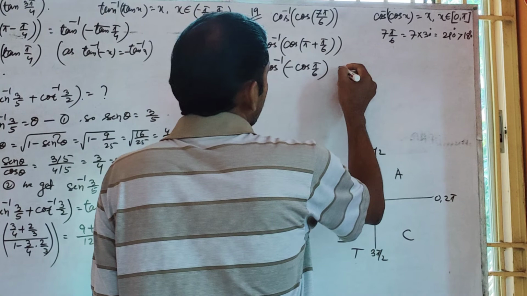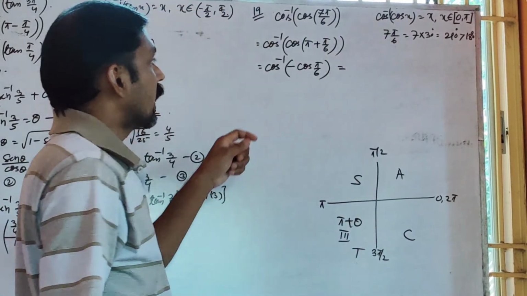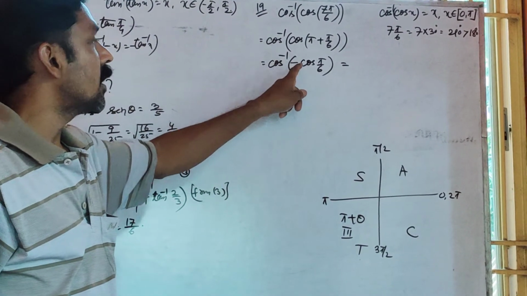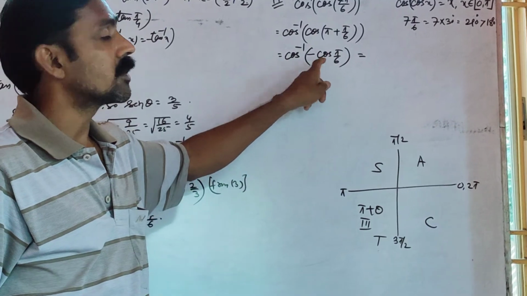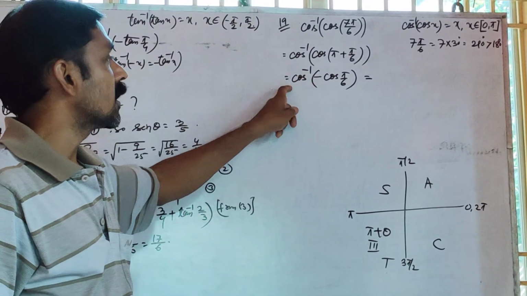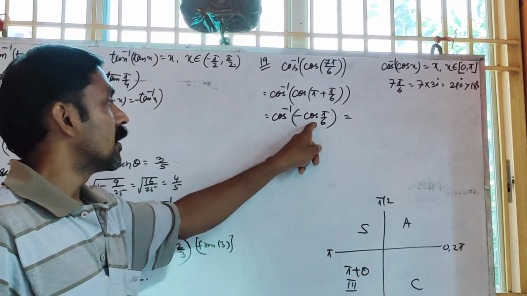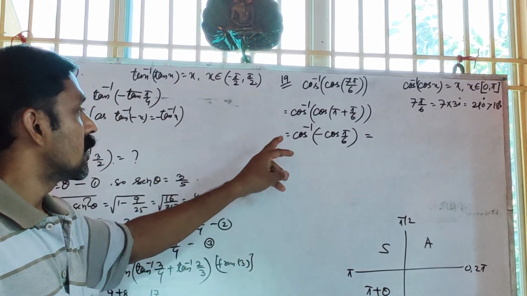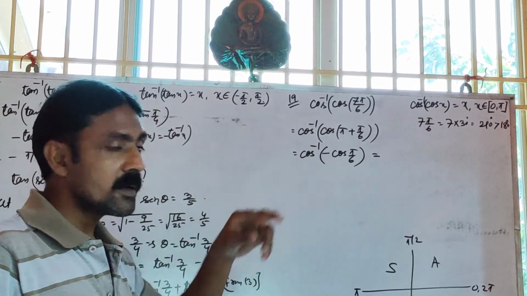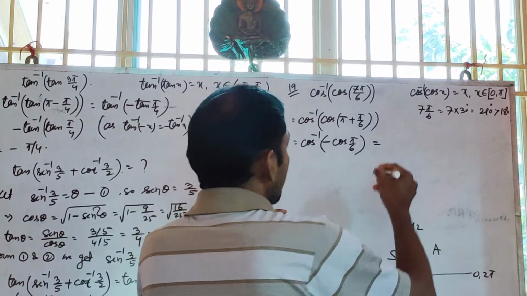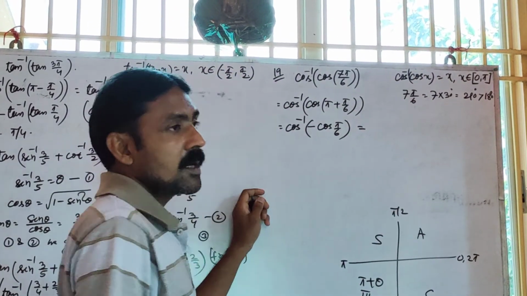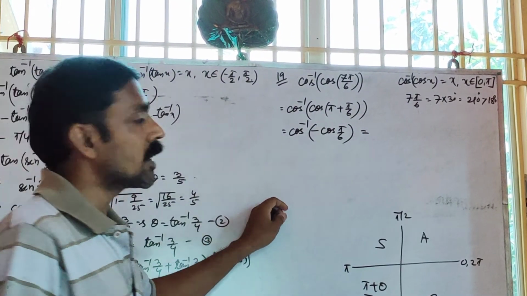Now this is equal to, again in which form? Cos inverse of minus cos x, that is cos inverse of minus x, where x is cos pi by 6. So cos inverse of minus x is how much? It is pi minus cos inverse x.